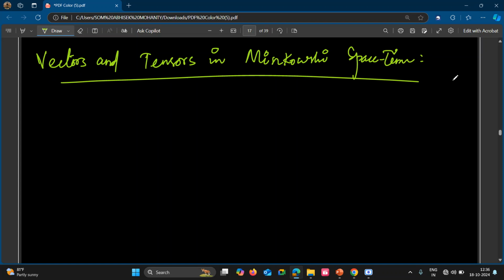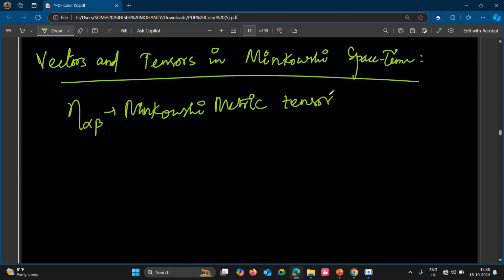So let's now see how the Minkowski metric tensor, eta alpha beta, which is your Minkowski metric tensor, helps in identifying or correlating the contra and covariant components of a vector or tensor in relativity.